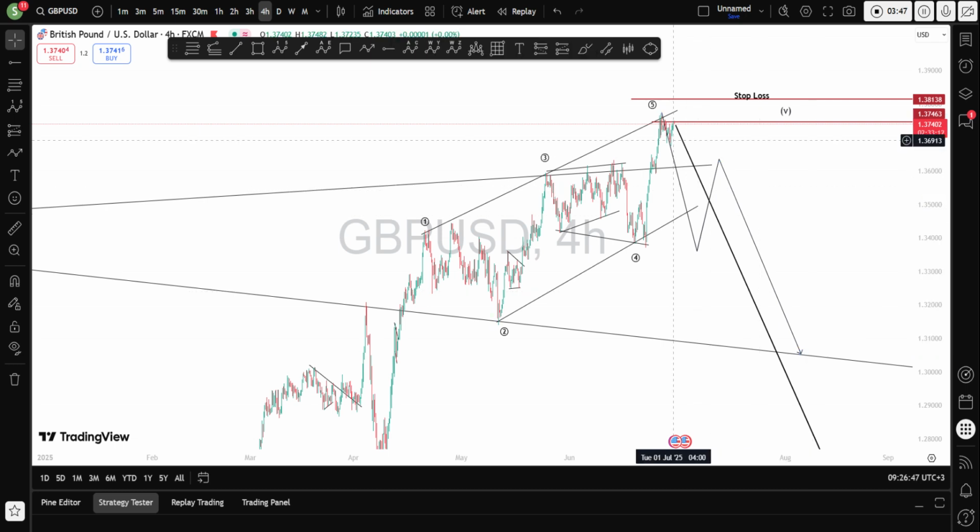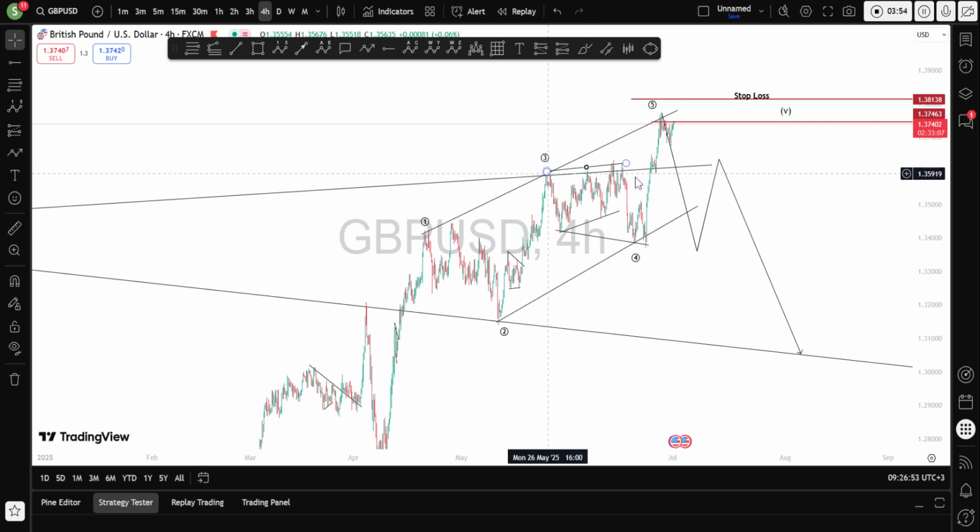This move will just be like a confirmation for another entry, which will form a head and shoulder. This will be left shoulder, head, right shoulder, which is also a reversal pattern.